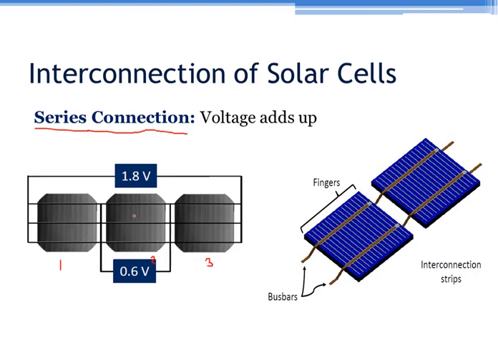So 3 would generate 1.8 volt, and through them the current will flow and the current will be constant. The net voltage will be the sum of the voltages of the first solar cell V1 plus second voltage V2 plus V3.